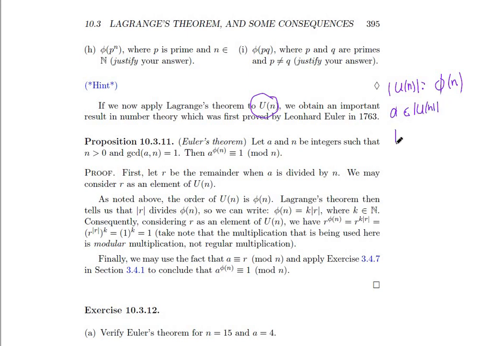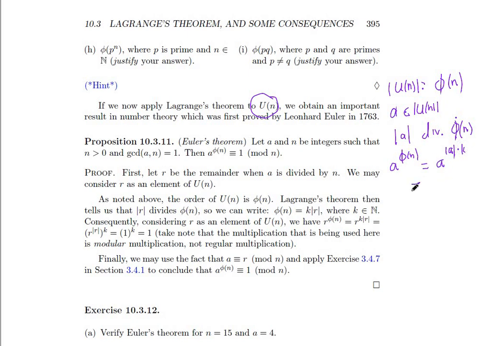That means the order of A must divide phi of n. Now what does that tell me about A to the phi of n? Well, phi of n is equal to the order of A times some number, so A to the phi of n is A to the order of A times k, where k is some integer.